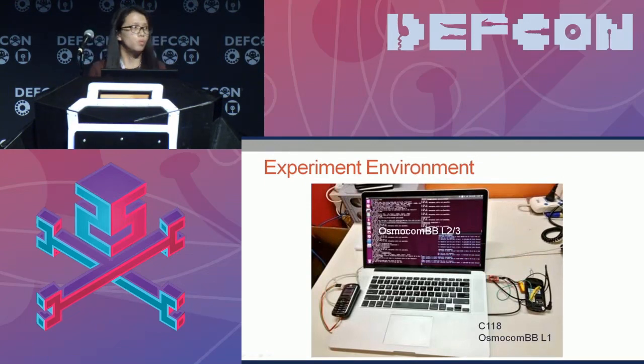We use the C118 cell phone where OsmocomBB layer 1 is running. And the C118 is connected to a laptop which runs OsmocomBB layer 2 and 3. In this picture, we used two C118 cell phones to improve the attack efficiency.